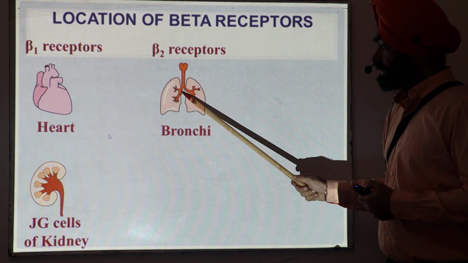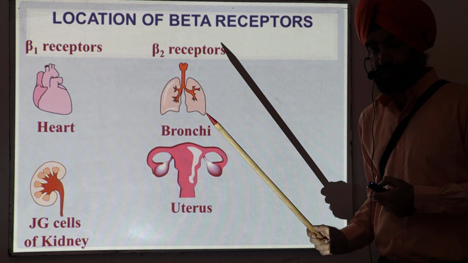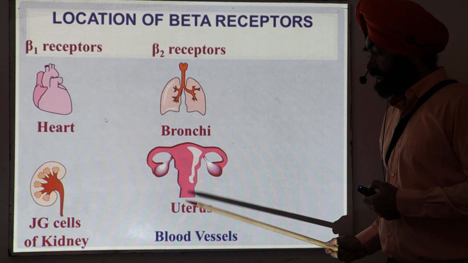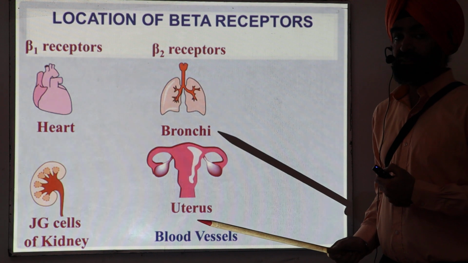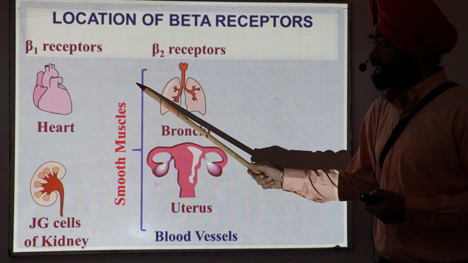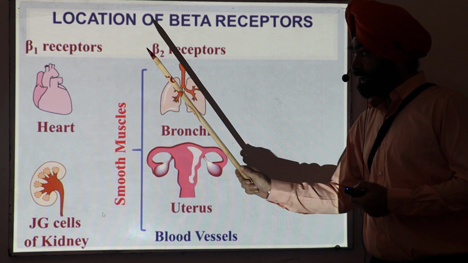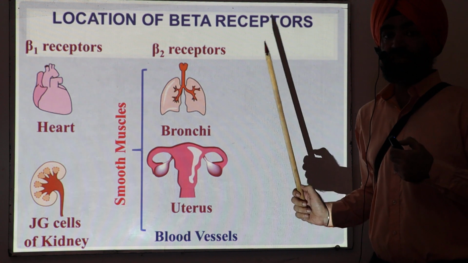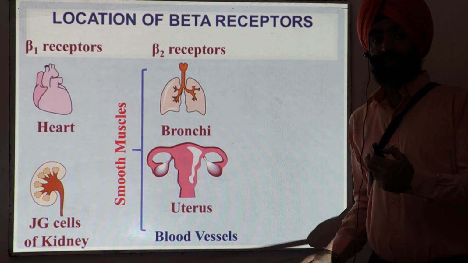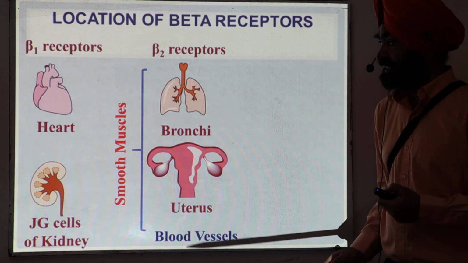In the bronchi, in the smooth muscle of the uterus, in the muscular part of the blood vessels. In general, beta 2 receptors are localized on smooth muscles. You have to remember the localization of these receptors, only then can you tell their uses, pharmacological actions and side effects.